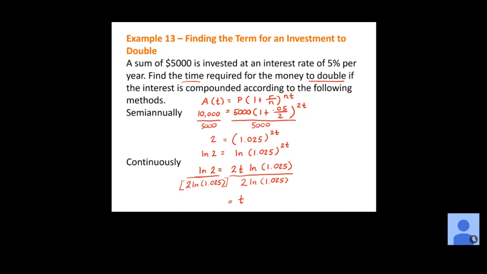Okay, and let's go with 2 decimal places this time. Okay, so 14.04 is correct. Now, what are those units going to be?